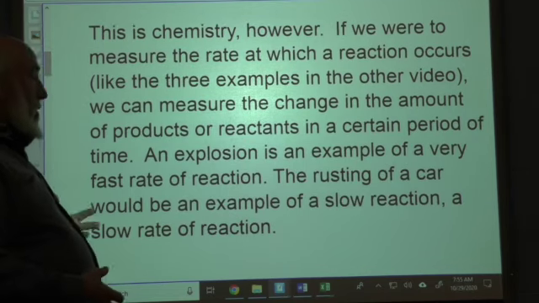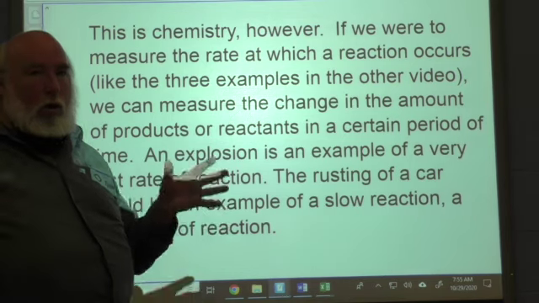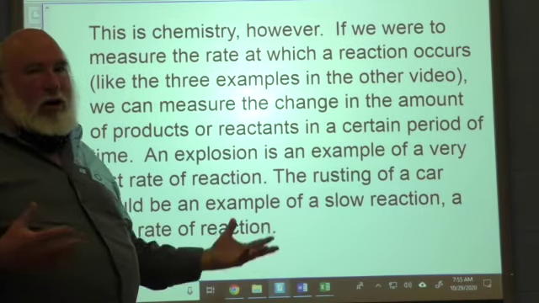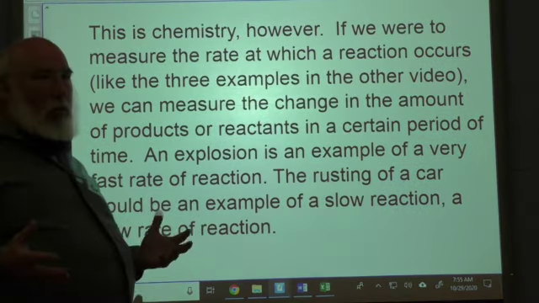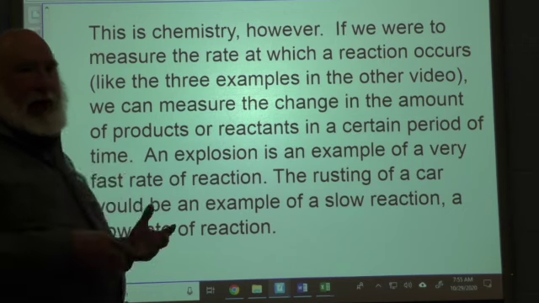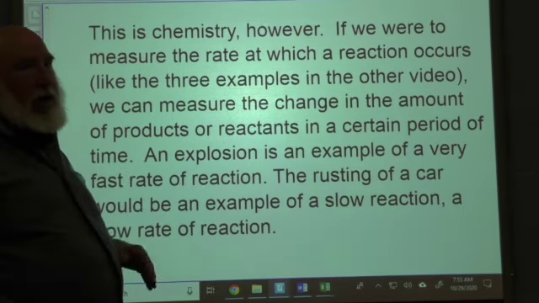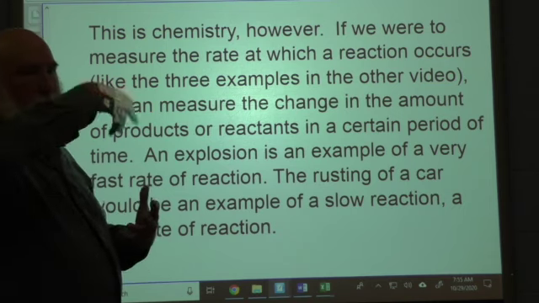Since this is chemistry, the examples they gave in the video is that a slow rated reaction would be the rusting of a car. It takes a long time for the rust to occur. A fast one was the dropping of magnesium into the hydrochloric acid and the bubbles start appearing. And it's not very quick, but it's quick enough you can see the bubbles created.